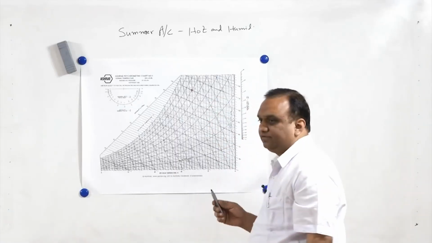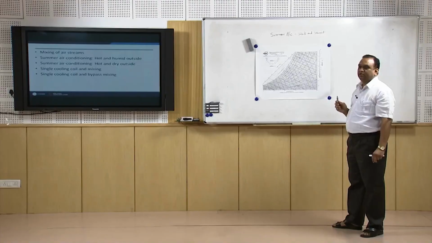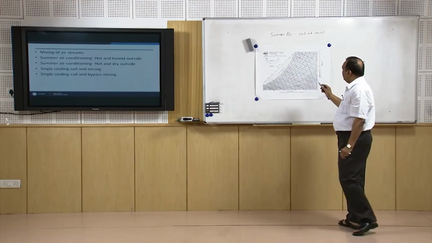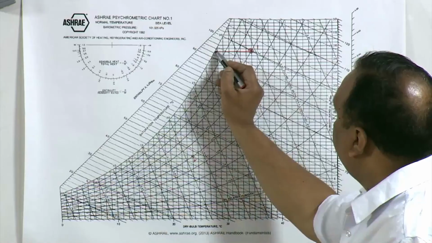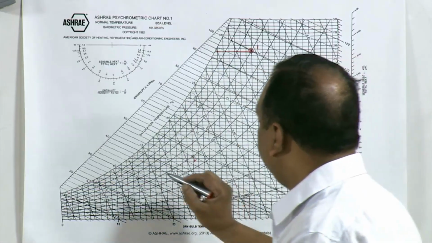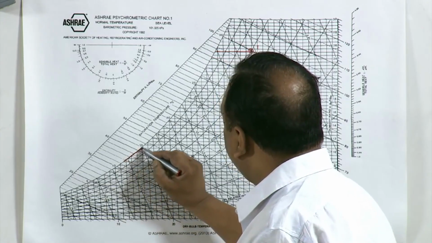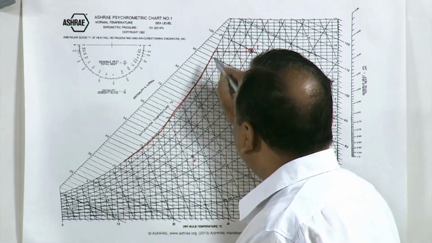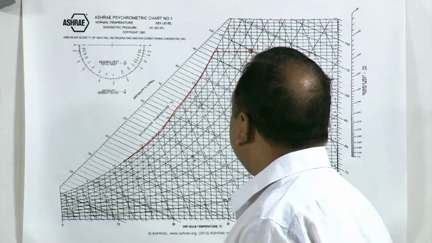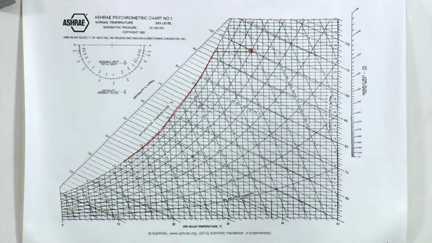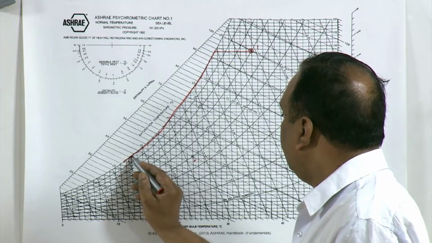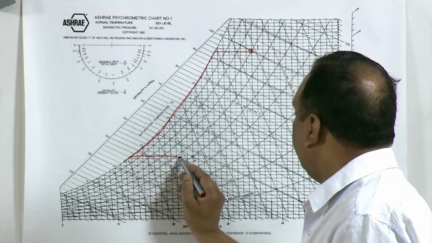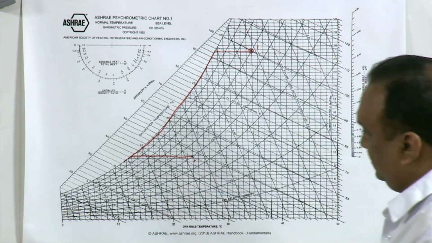So, here, as I discussed earlier also, for such type of situation cooling with dehumidification is done. So, through cooling and dehumidification we can follow this line and then we can come here, and after this at appropriate point the heating can be done and we will be getting this point.